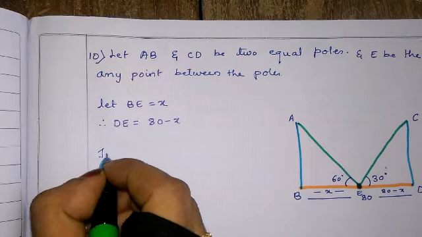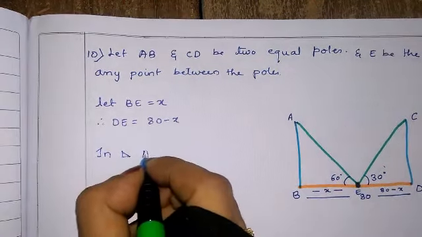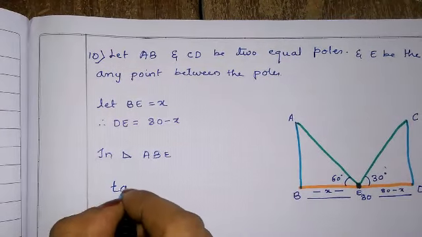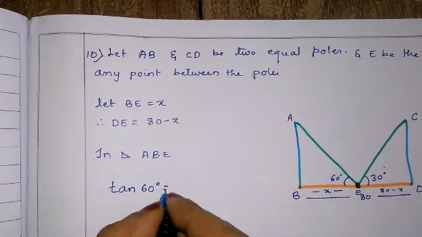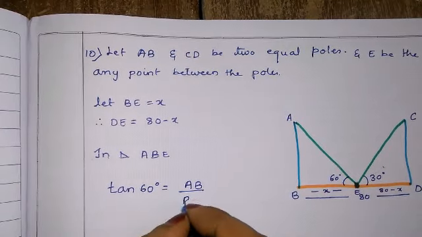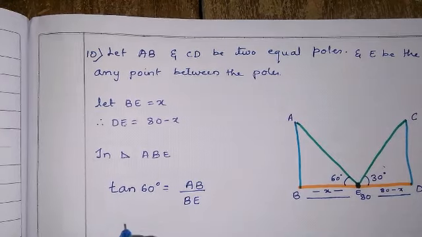In triangle ABE, this is a right angle triangle. Tan 60 degree is equal to AB by BE. Tan 60 is nothing but root 3.